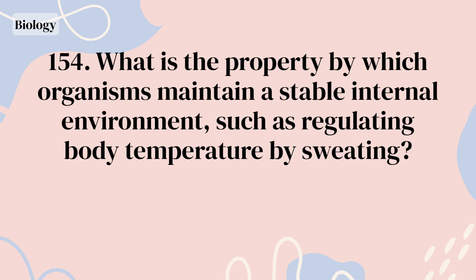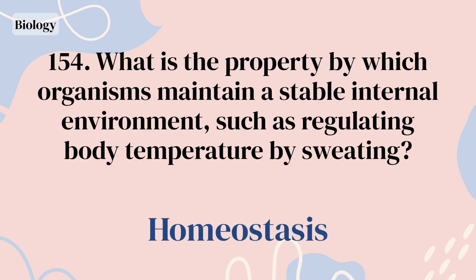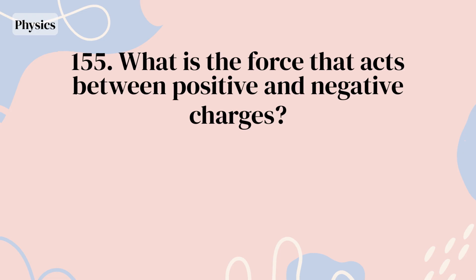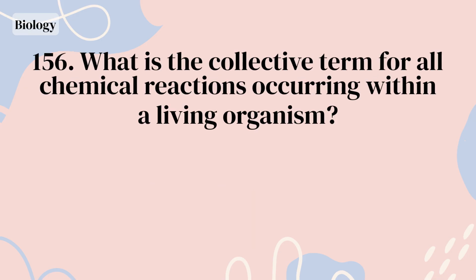What is the property by which organisms maintain a stable internal environment, such as regulating body temperature by sweating? Homeostasis. What is the force that acts between positive and negative charges? Attractive force. What is the collective term for all chemical reactions occurring within a living organism?